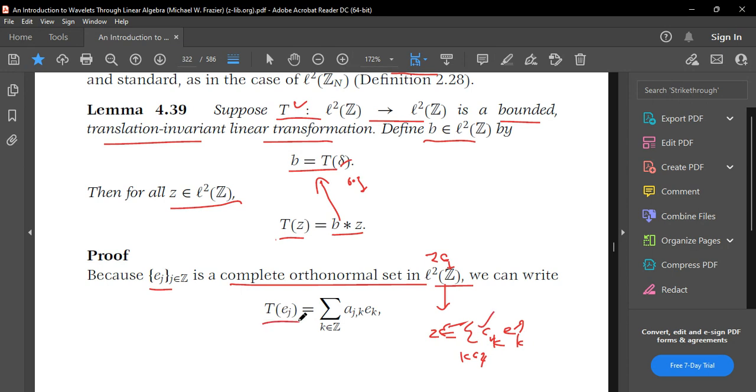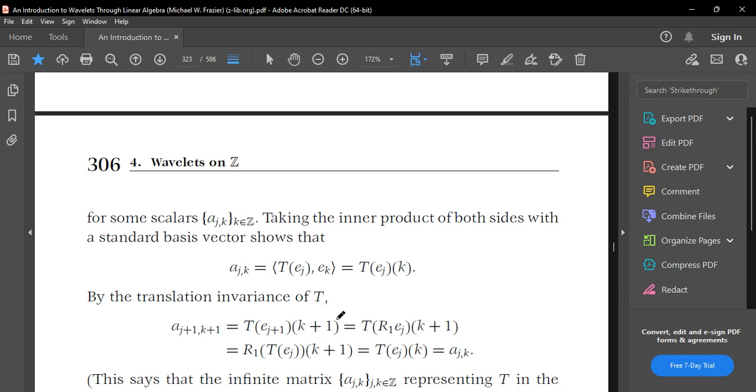So T of Ej will be an element of L2 of Z. It can be written with coefficients Ajk Ek for k belonging to Z, for some scalars Ajk, k belonging to Z, for each j.